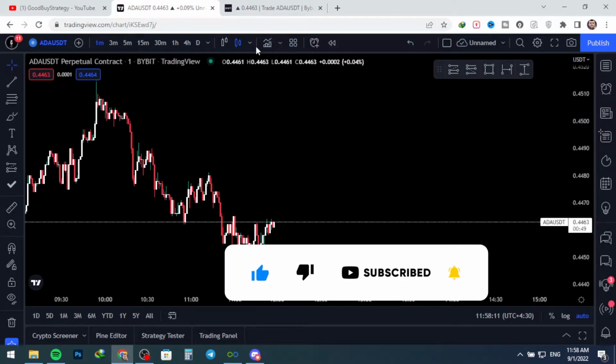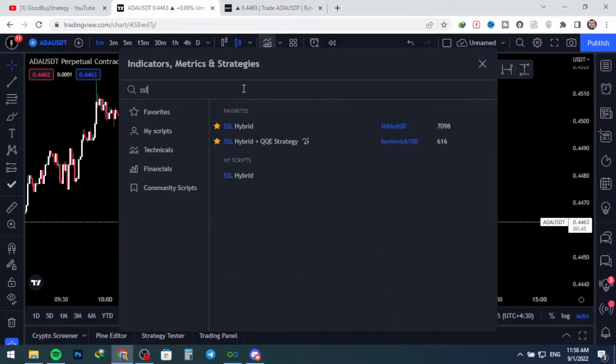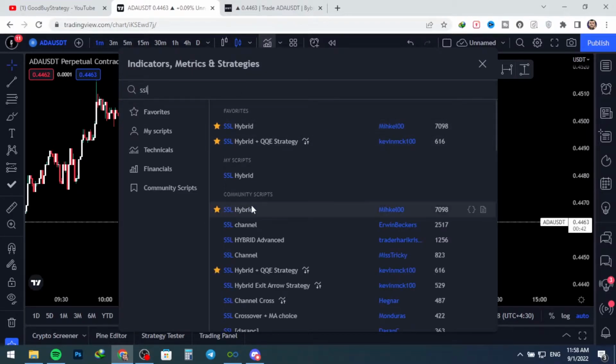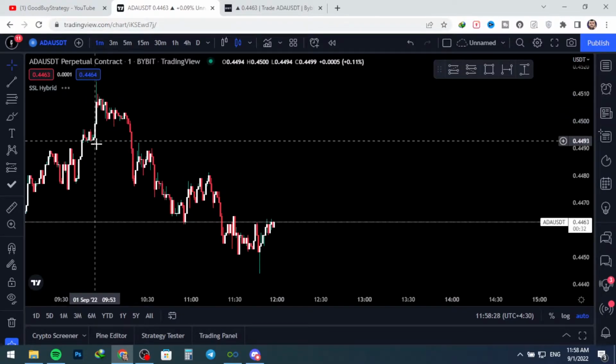Go to indicators, type SSL, find SSL Hybrid developed by Michael. Add to chart and wait for it to load.